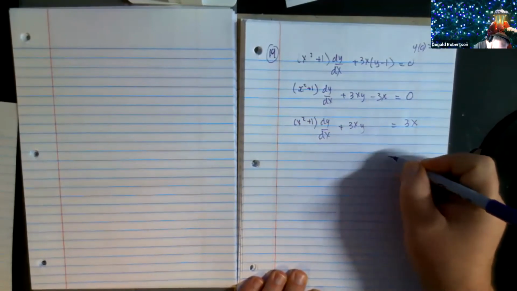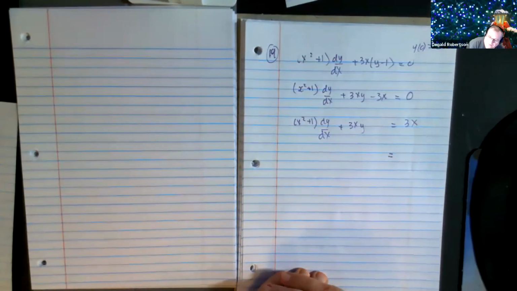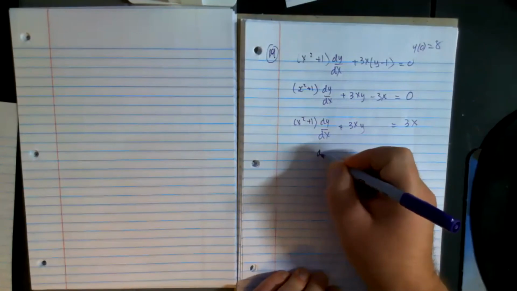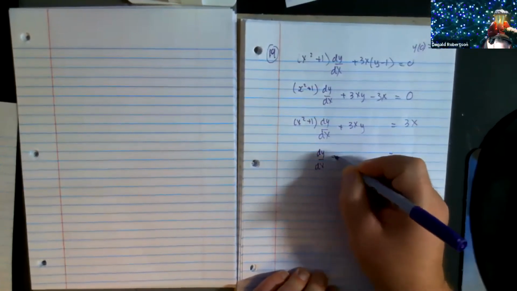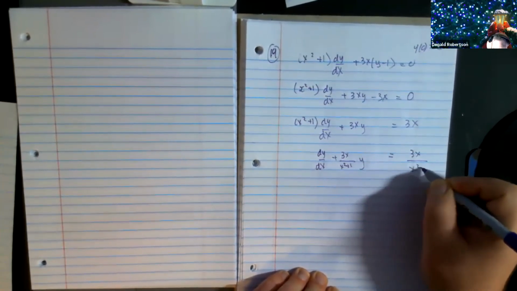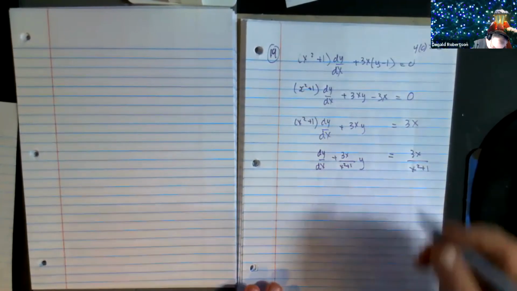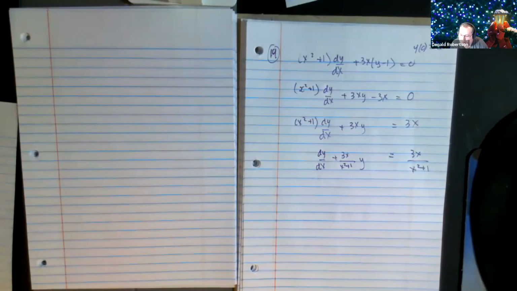Do you know what I'm going to do next? Probably divide by x squared plus 1. I am, you're right. So it's now in its linear form, right? So basically that was done by just doing this, right? We cool so far? Yeah.